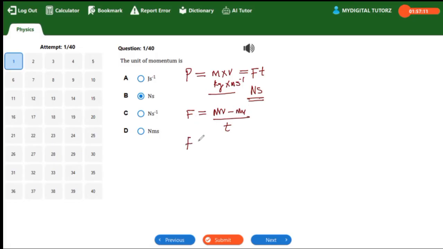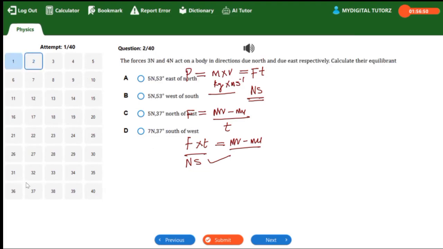So Ft is the same as impulse, which is equal to the change in momentum, which has the unit Newton second. So that is question one.